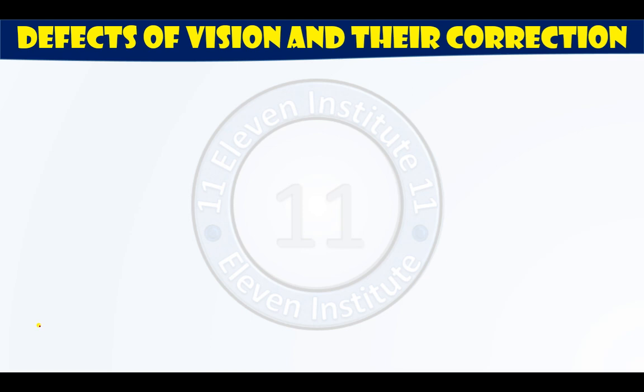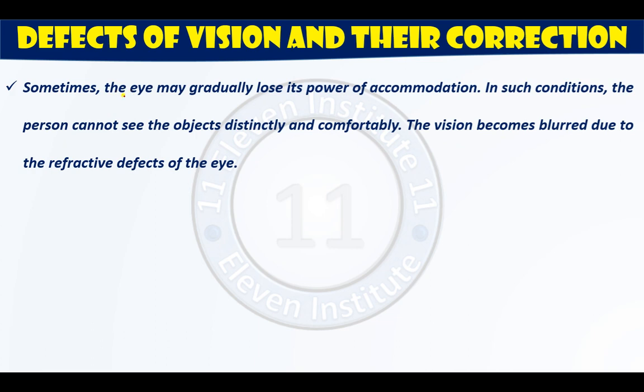Let us see how they arise. Sometimes the eye may gradually lose its power of accommodation. Not the eye itself, but we can say the eye lens will lose the power of accommodation. In such conditions, the person cannot see objects distinctly and comfortably.